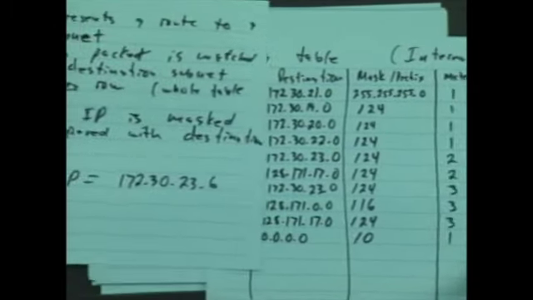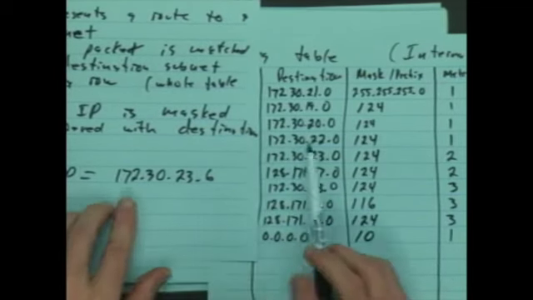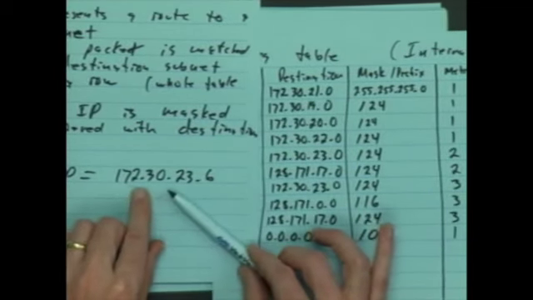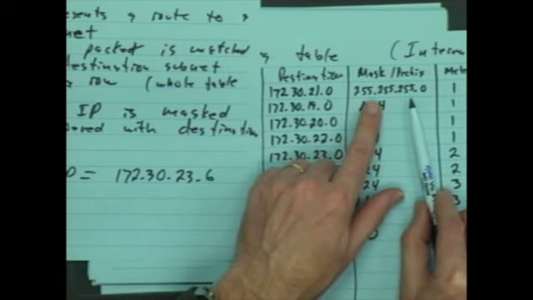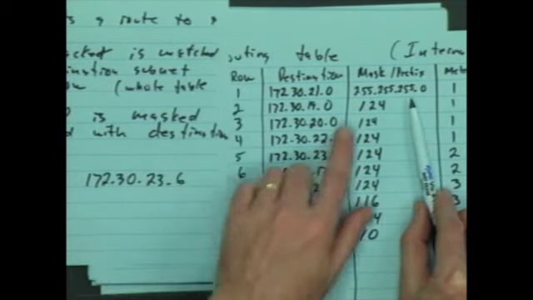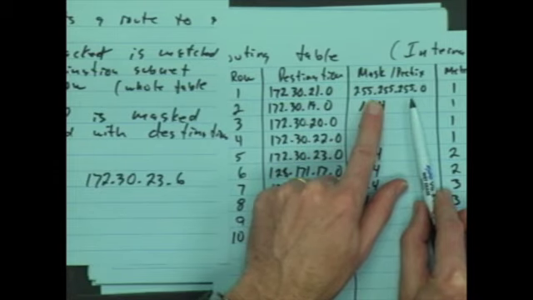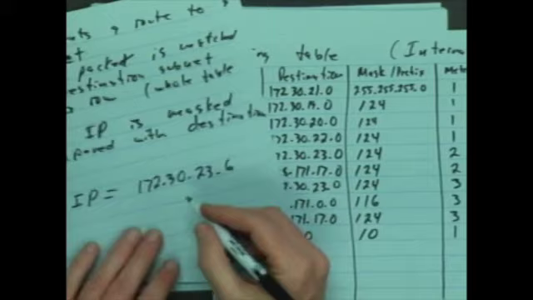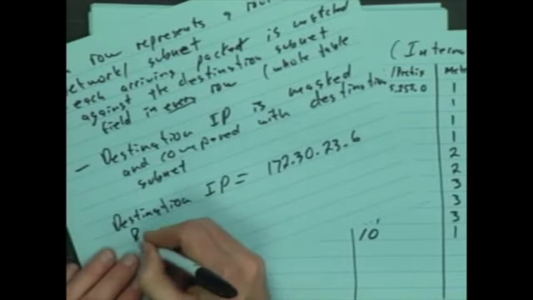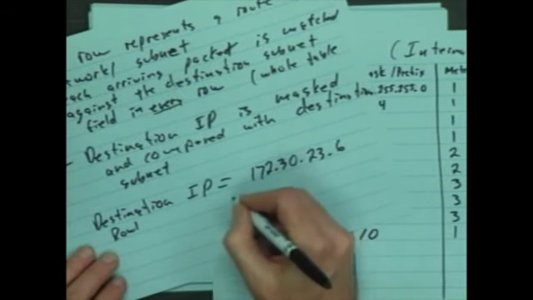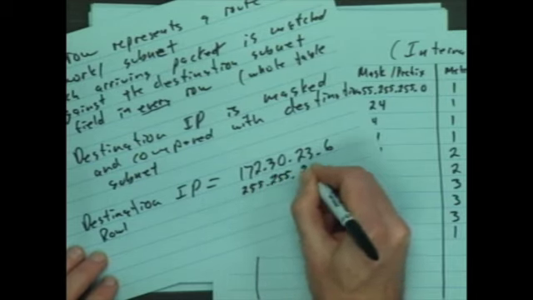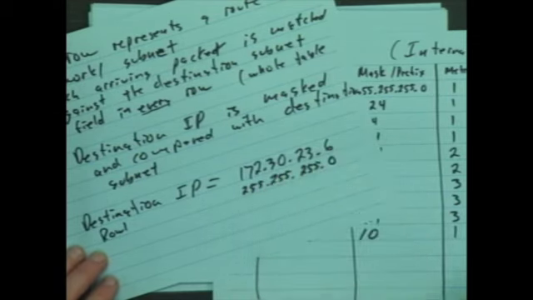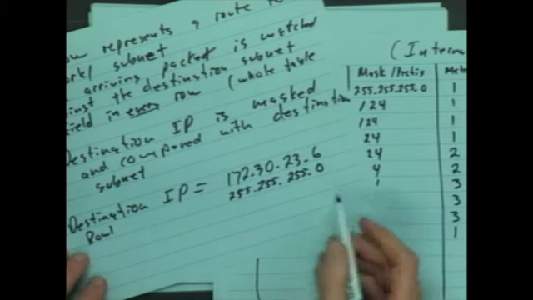So we're going to start at row 1. We take 172.30.23.6 and we mask it with row 1's mask, 255.255.255.0.